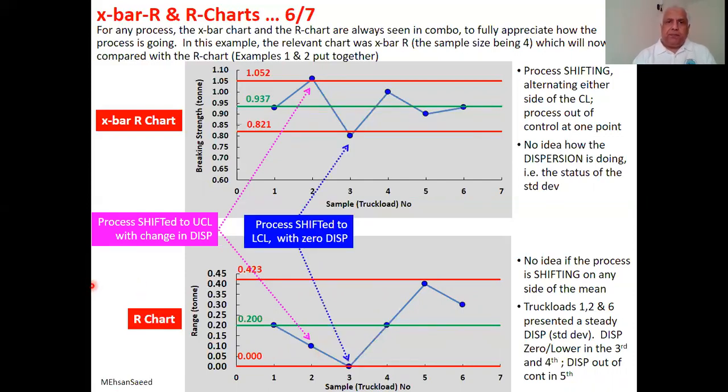With truck number 3, we found that whereas the previous one was an extra strong truck, this was extra weak, because the sample mean shifted way below the lower control limit. But as far as dispersion is concerned, it is 0. That means all the blocks were of the same strength.